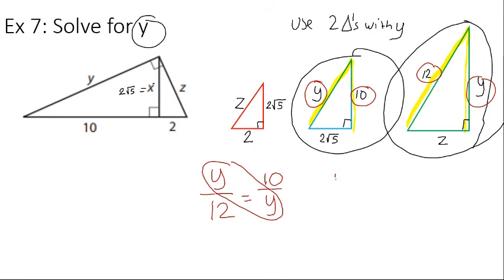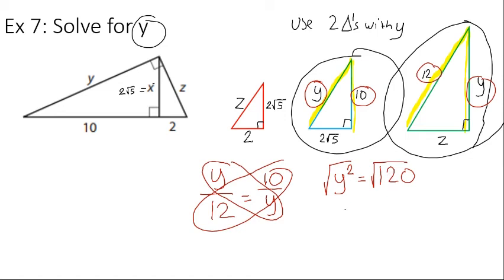Y times y gives me y squared. 10 times 12 gives me 120. Okay. Now I'll take the square root of it. Now I'm going to get y equals square root of 120.